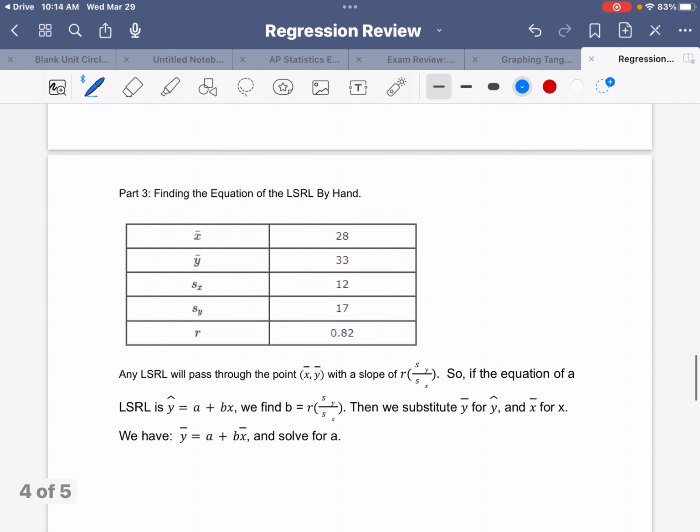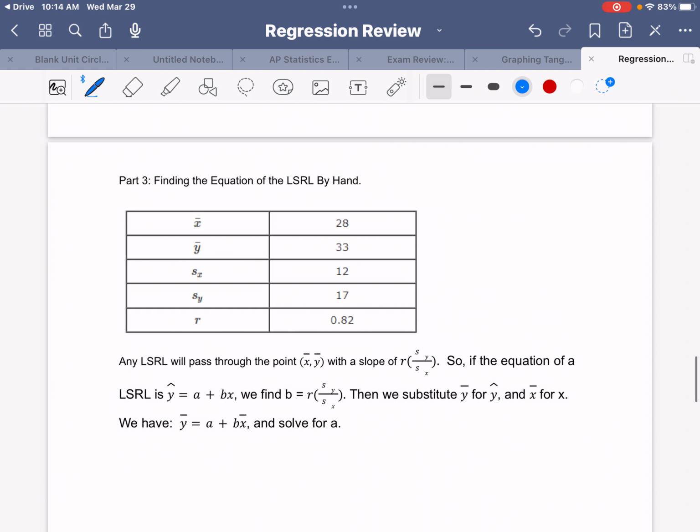The third thing that I taught you way back in chapter 3 is how to find the equation of a least squares regression line by hand if you're given nothing more than summary statistics. Notice that I'm only given x bar, y bar, the standard deviation for x, the standard deviation for the y list, and r. I didn't even make contextual values out of this.